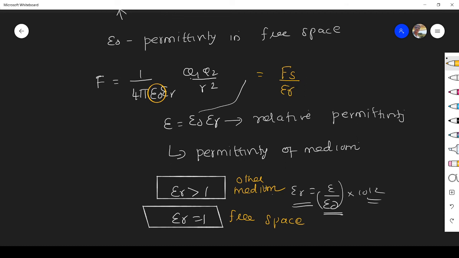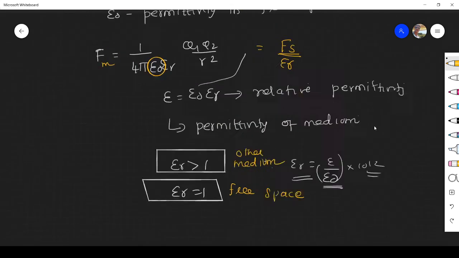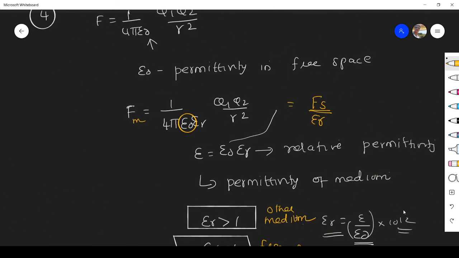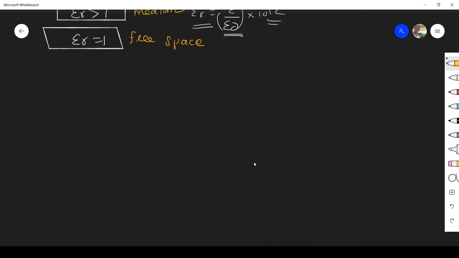Let us assume it is Fs. What is the only parameter that remains? 1 by epsilon r. Epsilon r is the only factor remaining. So the force in any medium is equal to the force in free space divided by epsilon r. A very important point: the force in any medium can be written as force in free space by epsilon r.